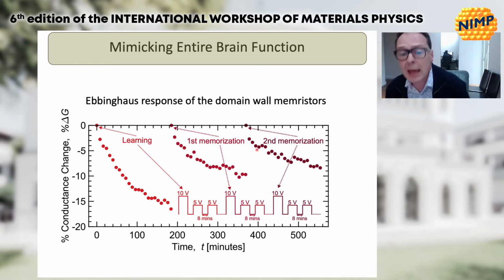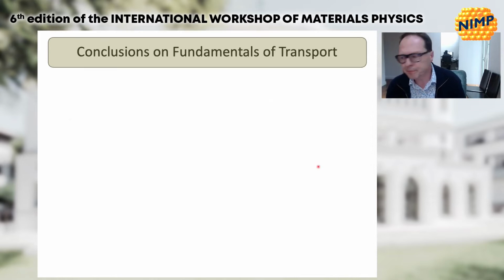If you remind it again with a second reminder, second revision, then the fall off in the memory of the state is even less severe. So we think this is quite interesting because it's not only a memristor representing a single synapse, but it's now representing function of an entire brain.